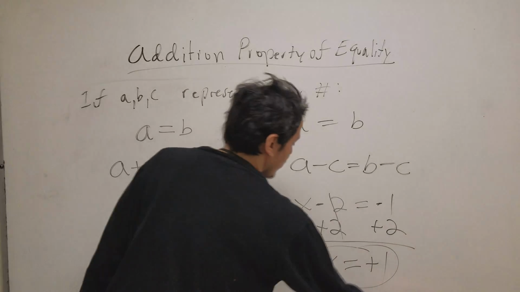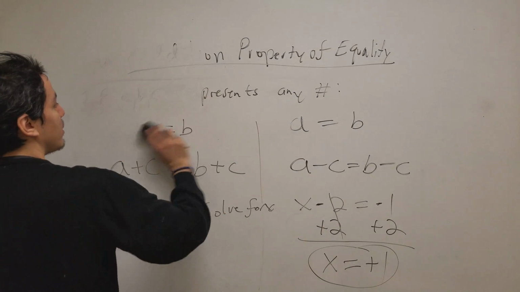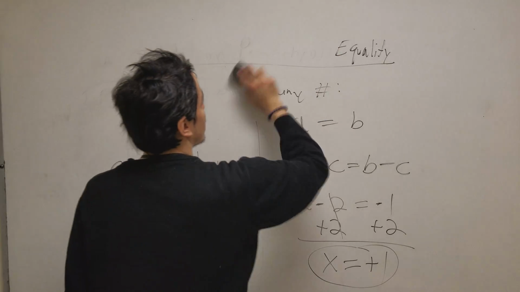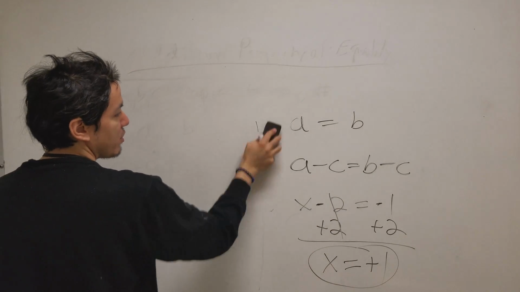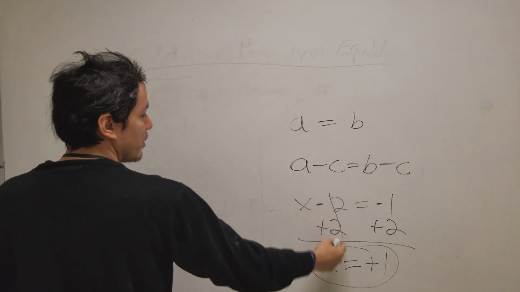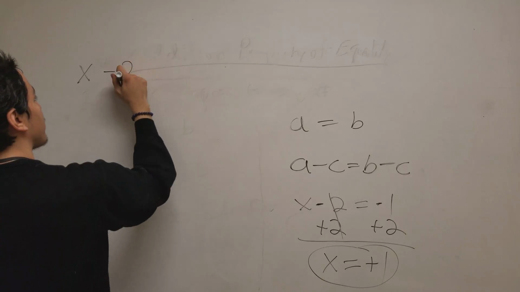I want to see if this way helps. We'll do the exact same problem again. I just want to see how does this look. Because some people, they have an issue when they're adding this vertically, it looks confusing. So let's try it this way.